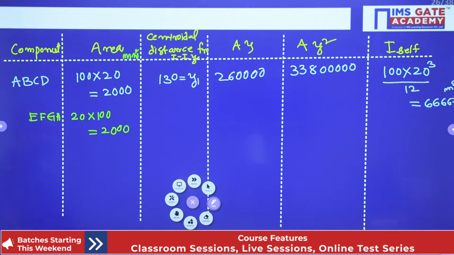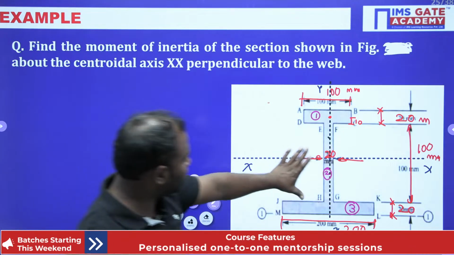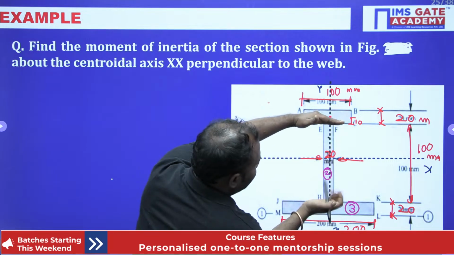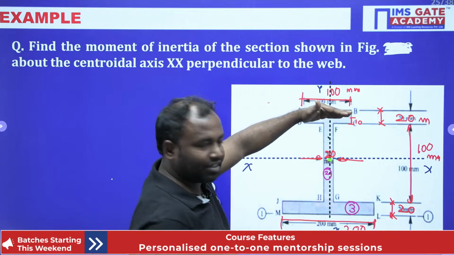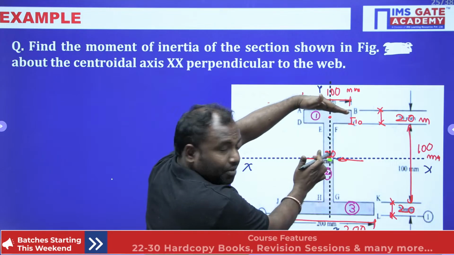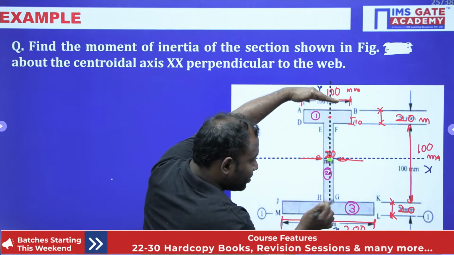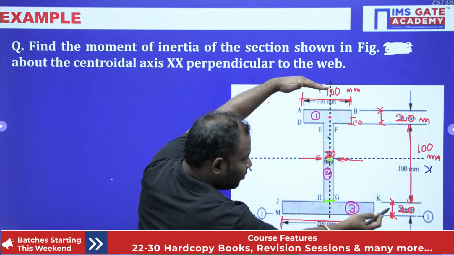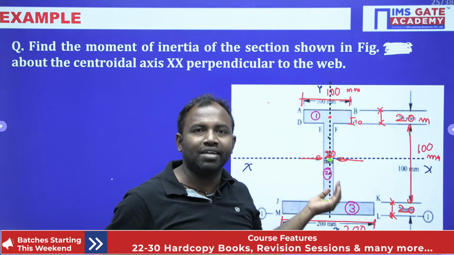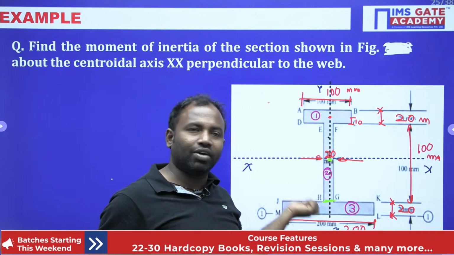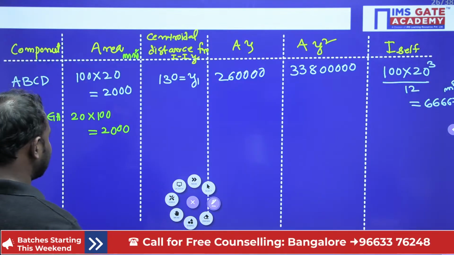Now, let us decide its centroid. For this block the centroid is exactly at 50, right? So, from the 50, up to here it is 50. Now, 50 plus 20, it is going to be exactly 70, isn't it, guys? Now, here y2 is 70.